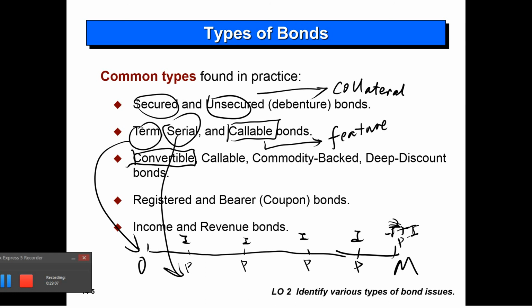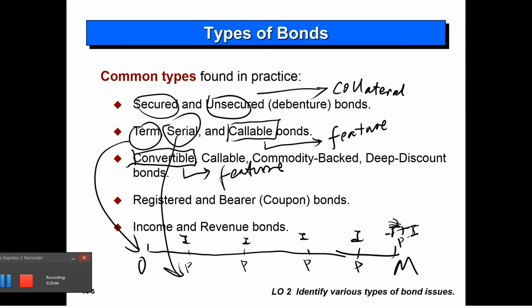Callable bonds give the bond issuer the right to retire the bonds before the maturity date. Convertible bonds give bondholders the right to convert the bonds into common stocks. So, clear? For callable bonds, the issuer has the right to make the change, to retire those bonds early.